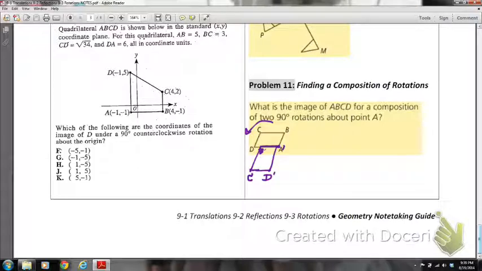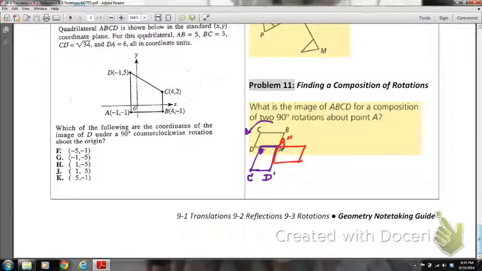With the second 90-degree turn, A prime's going to stay the same, and we're going to call it A double prime with the second rotation.